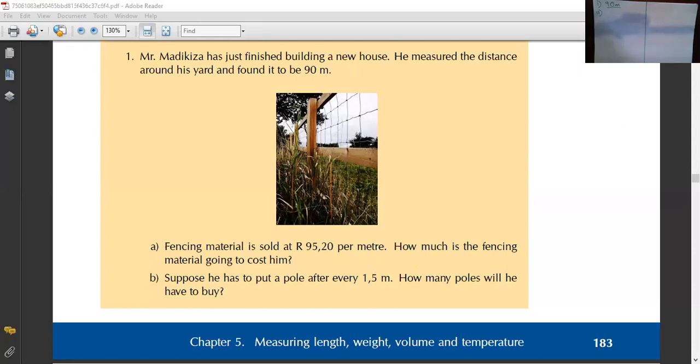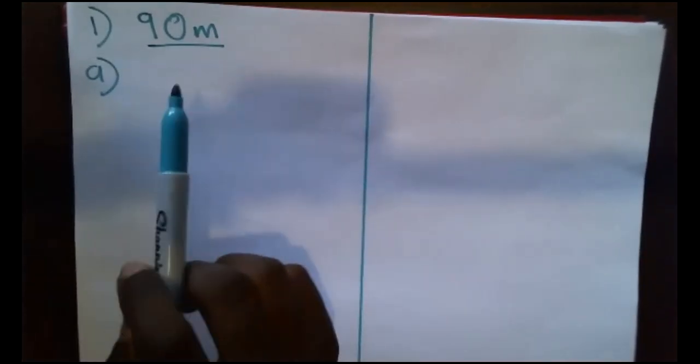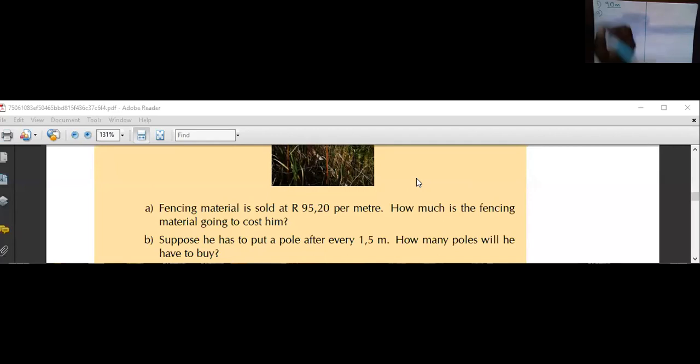I'm going to show you how we can calculate this question. We have 90 meters as the perimeter of the yard, and we are told the total cost of a meter.